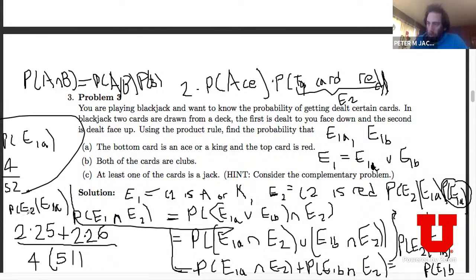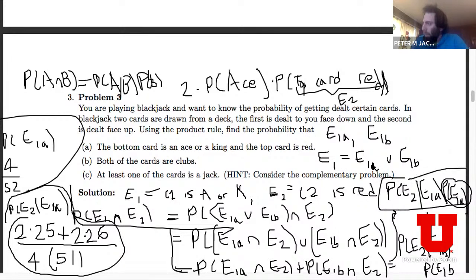So this is the probability of E2 given E sub A1. If you multiply these 2 things together, then that gives us this. And then the other probability is computed in an analogous way.